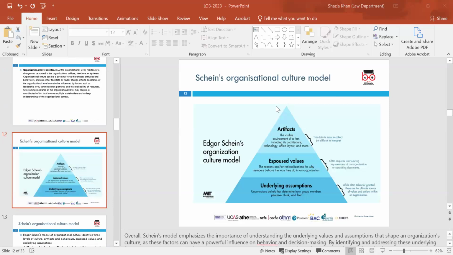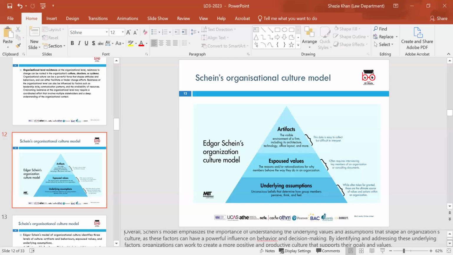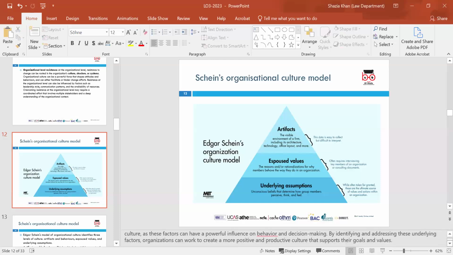The next one is Schein's organizational culture model. Overall, Schein's model emphasizes the importance of understanding the underlying values and assumptions that shape an organization's culture, as these factors can be very powerful influences on behavior and decision making. By identifying and addressing these underlying factors, organizations can create a more positive and productive culture that supports their goals and values.